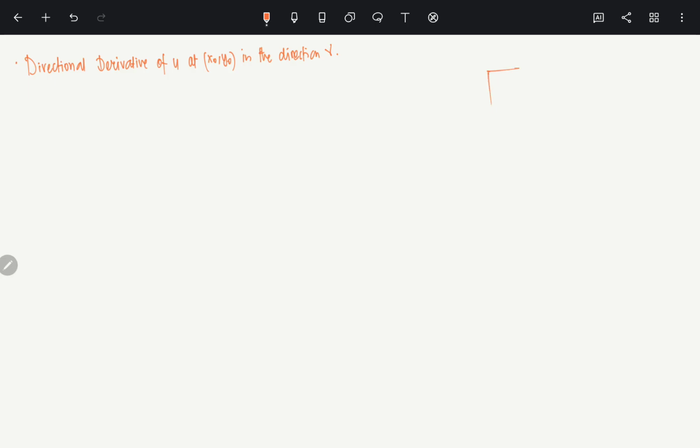Let's say a function is defined in some rectangle here. I take a vector gamma which has some direction. Let (x0, y0) be some point here.